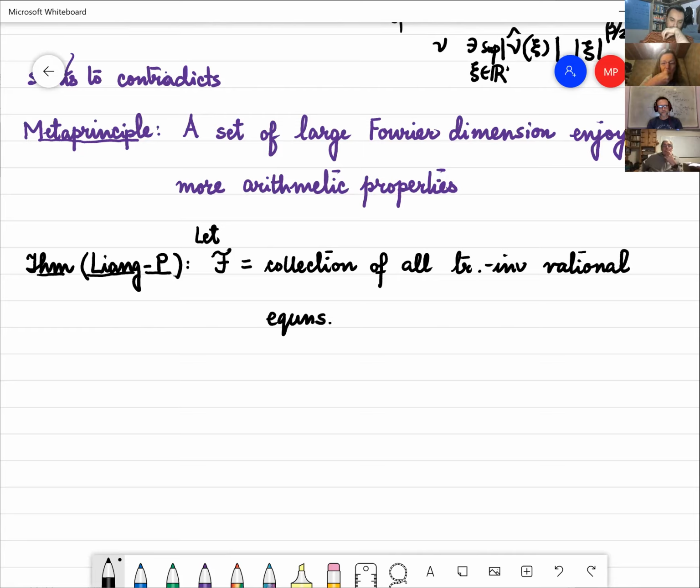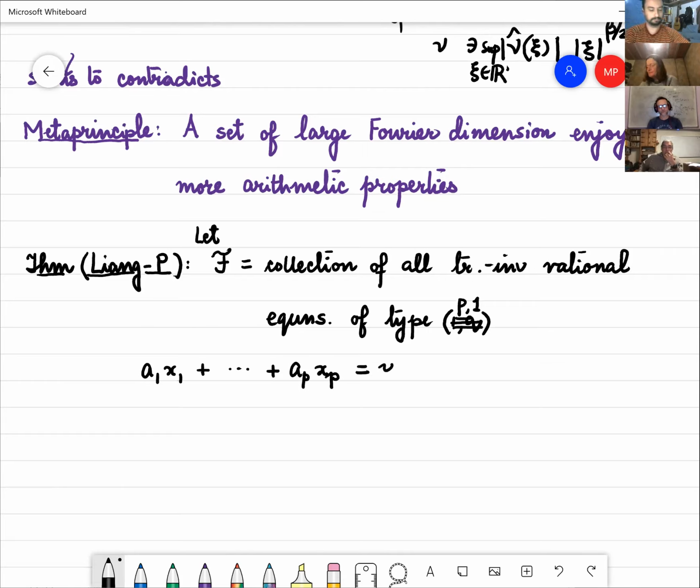I'm going to call it type P,1. It is of the form a1 x1 plus a2 x2 plus ... plus ap xp equals y, and the sum of these a's equals 1, and each aj is a positive rational.